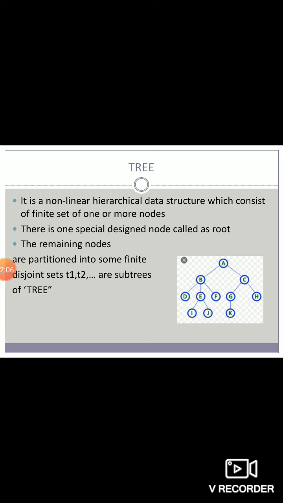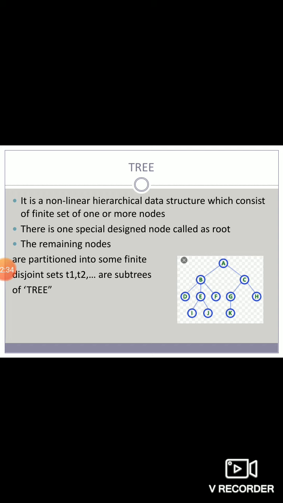The remaining nodes are partitioned into finite disjoint sets, indicated as T1, T2, T3, etc. All are subtrees of the tree.